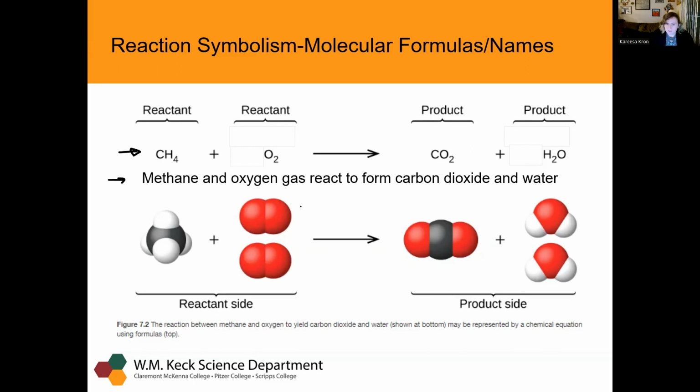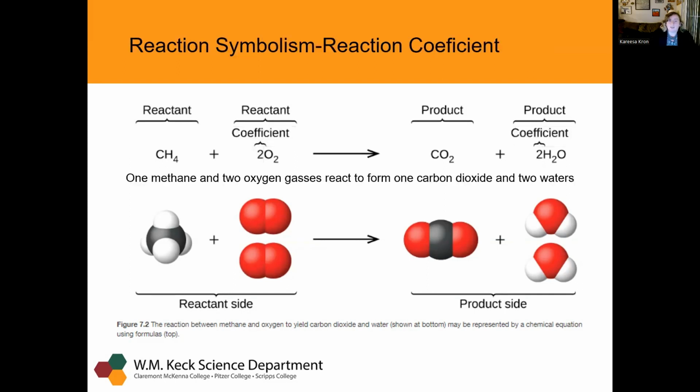And you might notice looking at this slide that I don't just have 1 methane and 1 oxygen combining, and instead I have actually 2 oxygen gas molecules reacting with 1 methane to form my single carbon dioxide and my 2 waters.